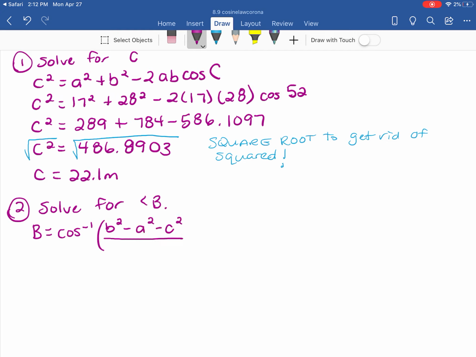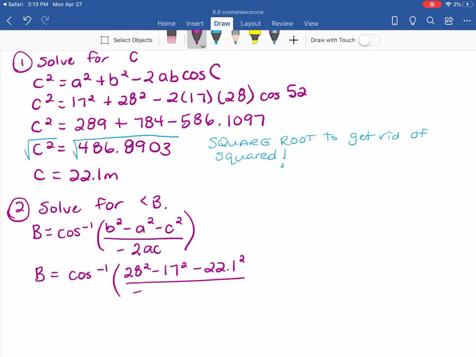So cos inverse, whenever, even with SOHCAHTOA, right, whenever we want to solve for an angle, you write the side you're using the angle for first, then minus A squared minus C squared over 2, and then the other 2, AC, just like in the other version.